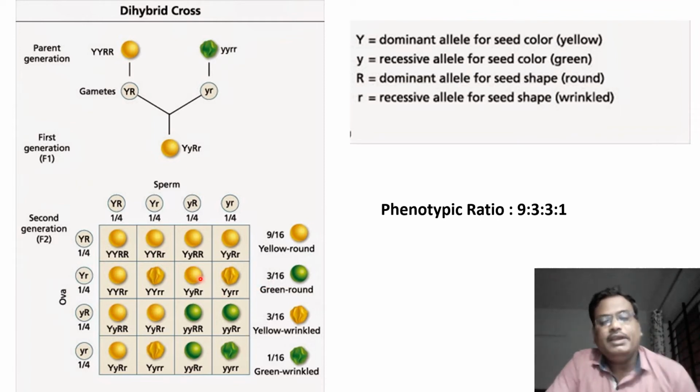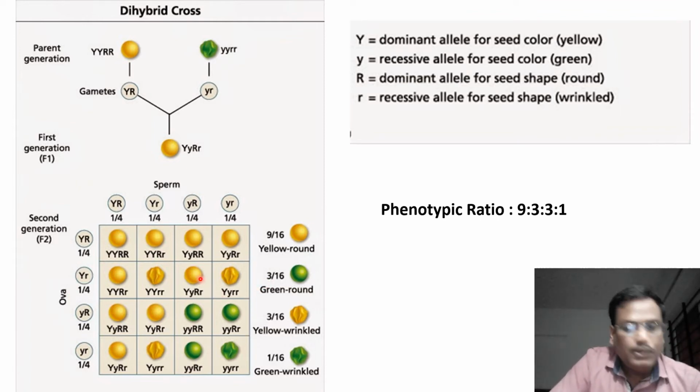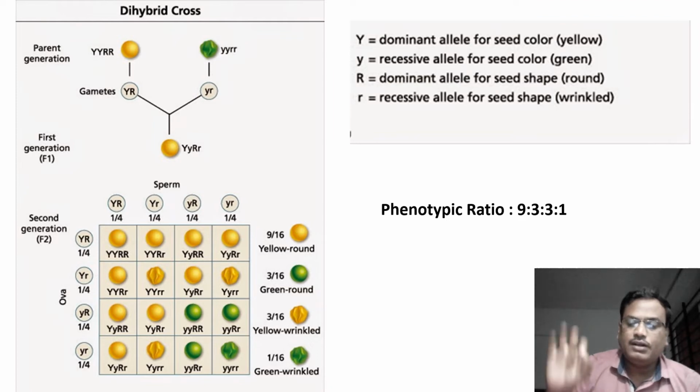But we are interested only in phenotypes here. So what is the phenotype of this first plant? Since both dominant genes are present, it will be yellow round. Here also it is yellow round, yellow round, yellow round, because whether the dominant gene is present in one or two copies, that doesn't make difference, because if only one copy is present, then also it is going to express.